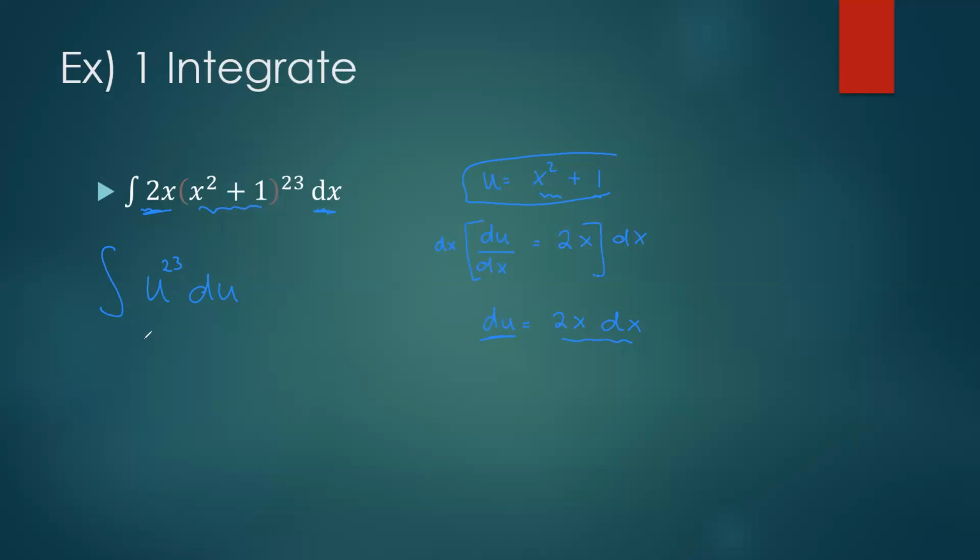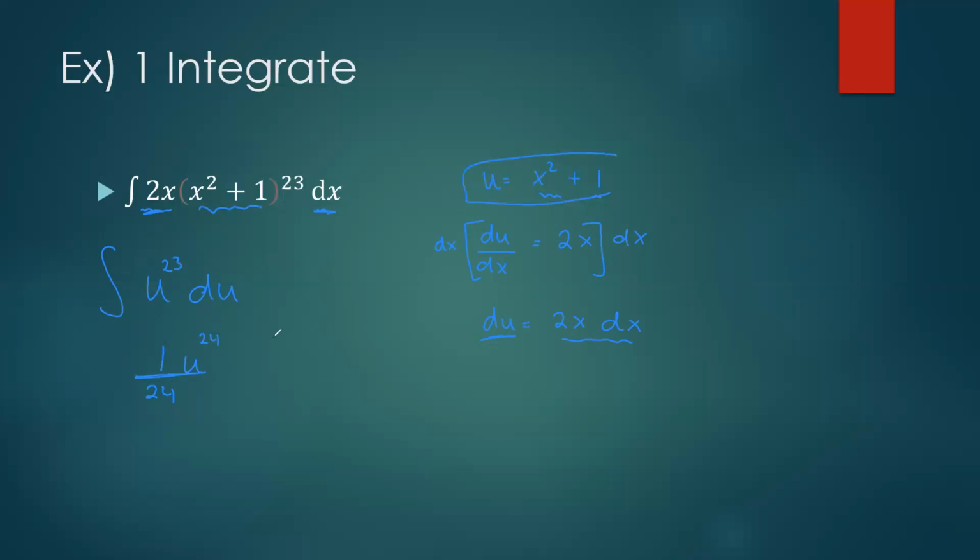Okay, and then continuing the rules, we continue with the integral. What is the integral of u to the 23? It's just a simple integration rule. It would be 1 over 24 times u to the 24. It's 23 plus 1, which is 24, so that's why you put it in the bottom, and your new power is 23 plus 1.